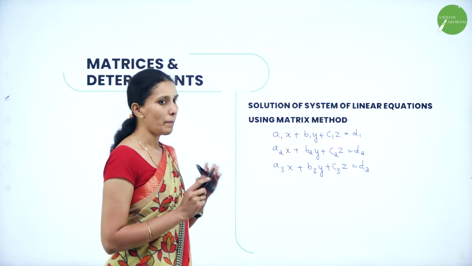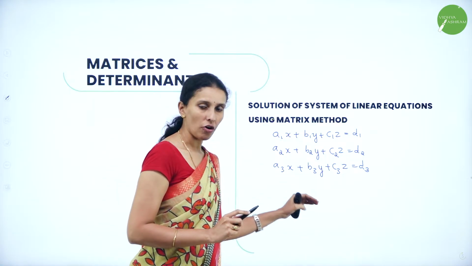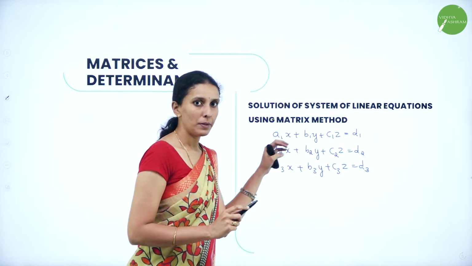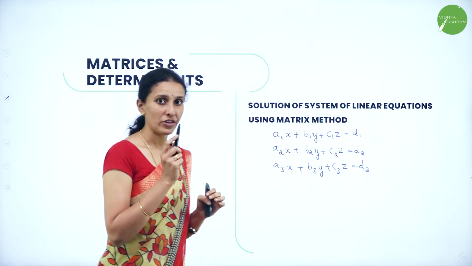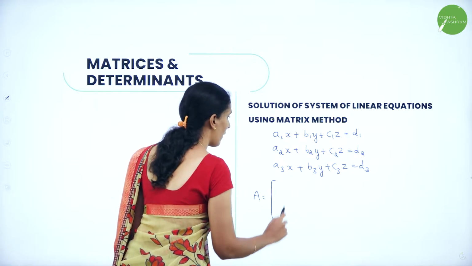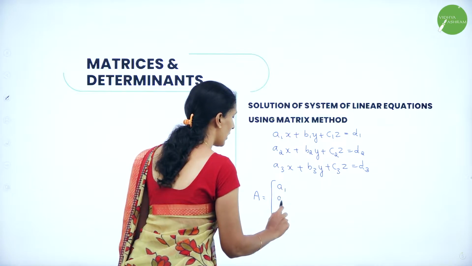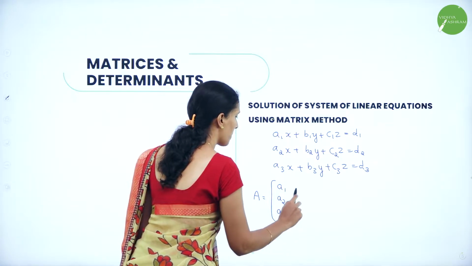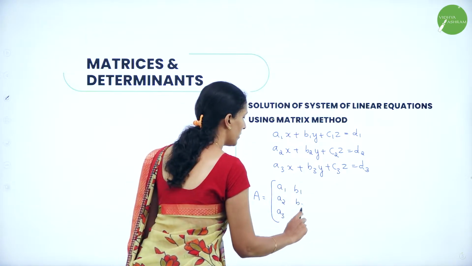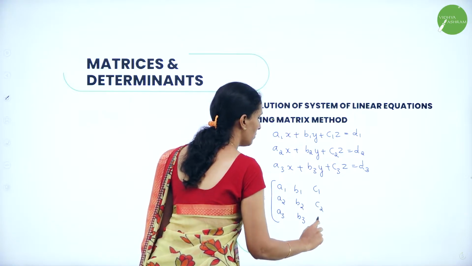So why is it called the matrix method? Because we will write the coefficients of each variable in the form of matrix A. So write all the coefficients in one matrix, that is a1, a2, a3, b1, b2, b3, c1, c2, c3.